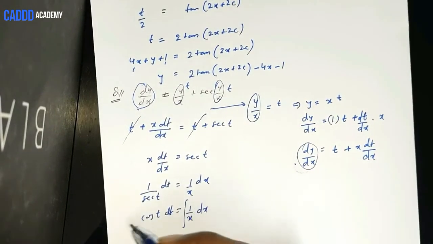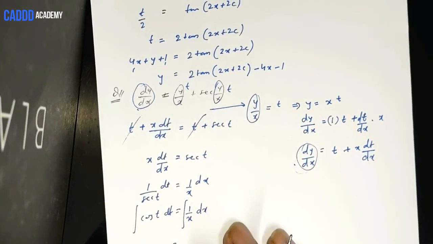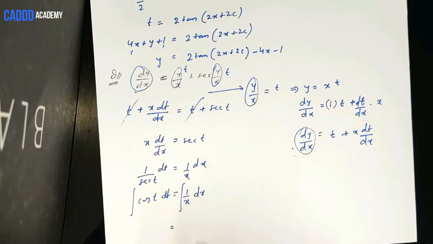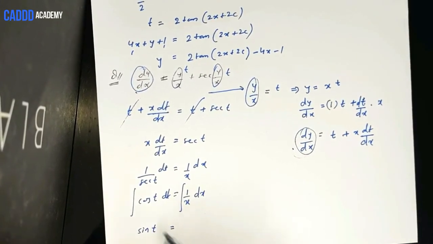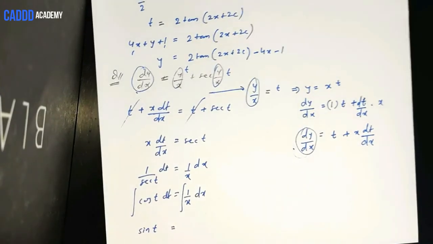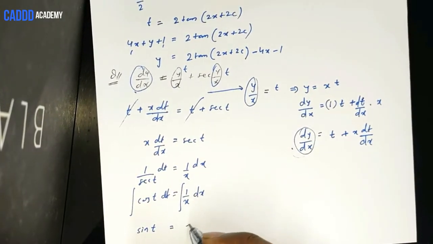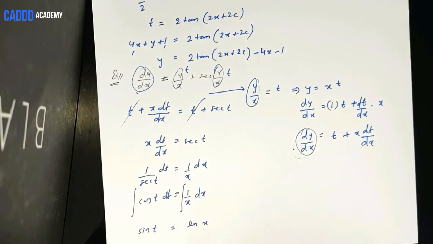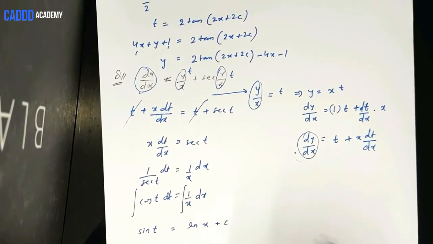Let's integrate both sides and we have sin t, and here we have ln x plus a constant.